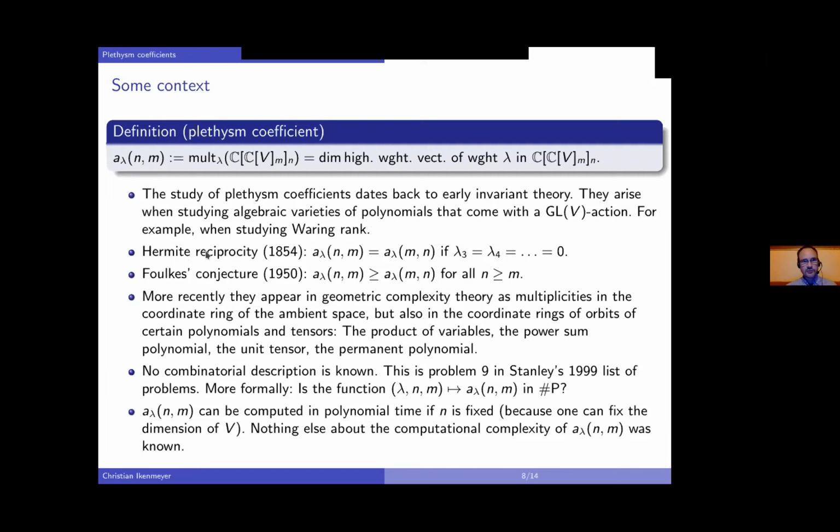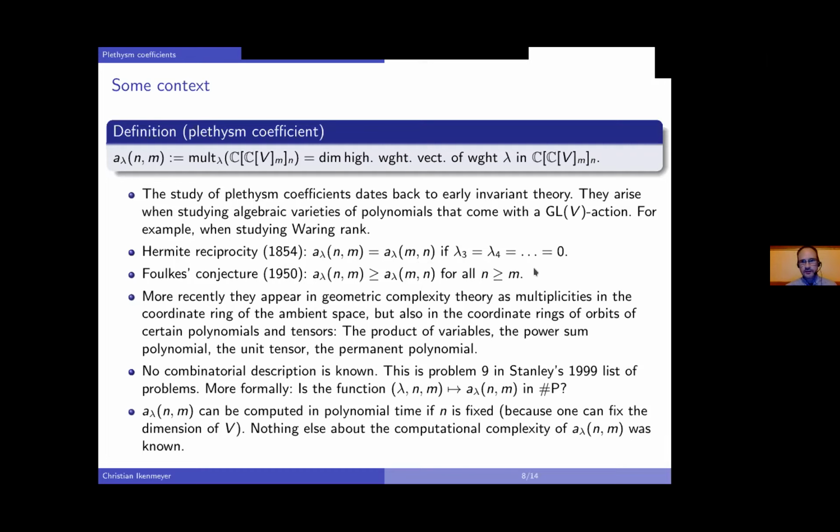And there are some very old results about these coefficients. 1845 is Hermite's theorem on reciprocity: if you switch n and m, a Plethysm coefficient stays the same, provided that only lambda 1 and lambda 2 are non-zero. And this is just highlighting some interesting properties and a conjecture. A big conjecture here is Foulkes' conjecture from 1950, that the Plethysm coefficient a lambda n m is always greater or equal to the Plethysm coefficient a lambda m n whenever n is greater or equal to m.